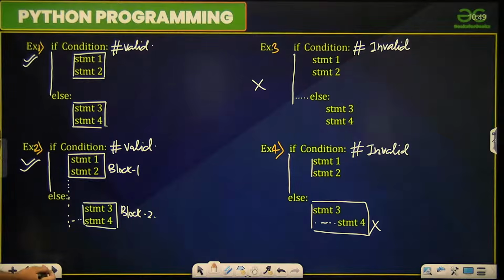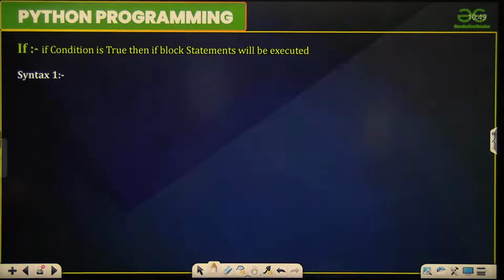Now first discuss the if statement, student. If the condition is true, then the if block statements will be executed. Sir, what about false? No, if is saying only if this condition is true, then only the if block statements will be executed. What is the syntax of this? There are two types of syntax.